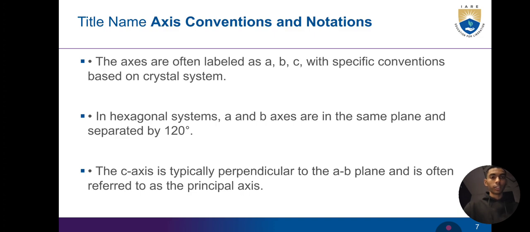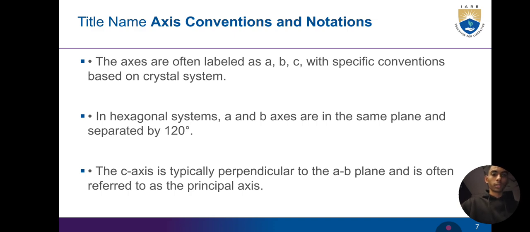Axis conventions and notations. The axes are often labeled A, B, C, with specific conventions based on the crystal system.